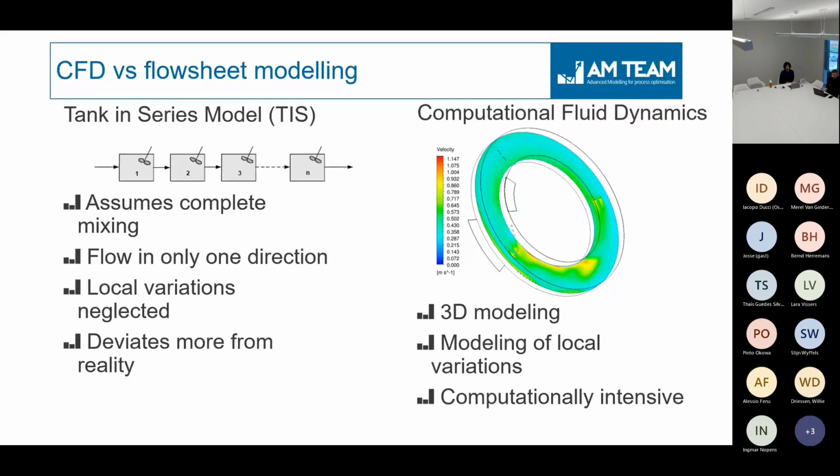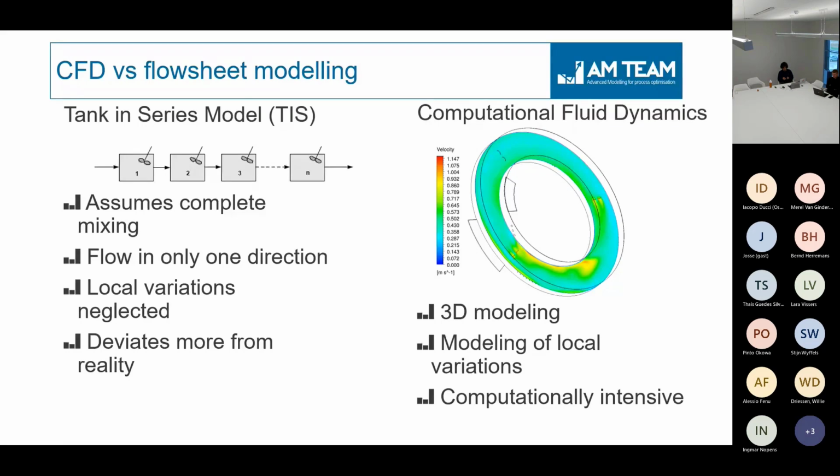It normally models flow in only one direction unless it's a compartmental model. The local variations which can originate from, for example, different design parameters like aeration, propellers or location of the inlet are not really taken into account in the tanks in series model, and it can happen that they start deviating from reality, and you have to somehow calibrate your tanks in series models to match your measurements.